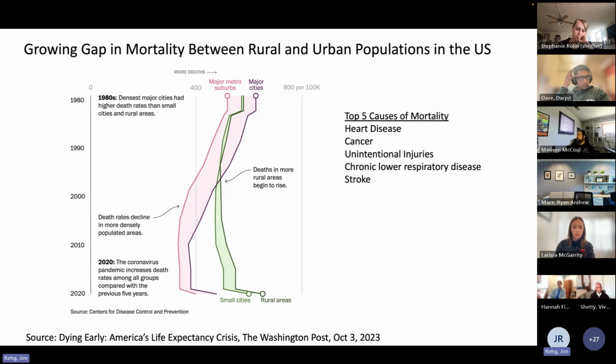As time went on, the health outcomes for the urban communities improved essentially. The rate of death shifted to the left and became reduced, and rural populations did not see that same gain. And then around the late 90s, we began to see this strong separation where essentially outcomes for rural areas are much more challenging, much more negative than for urban populations.